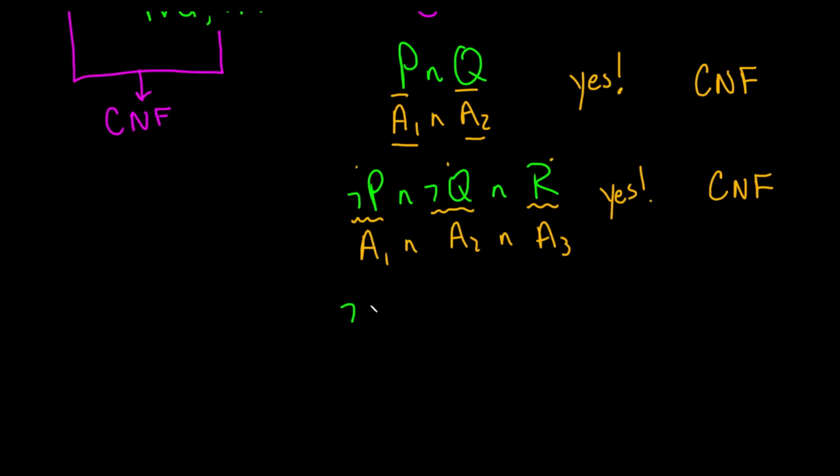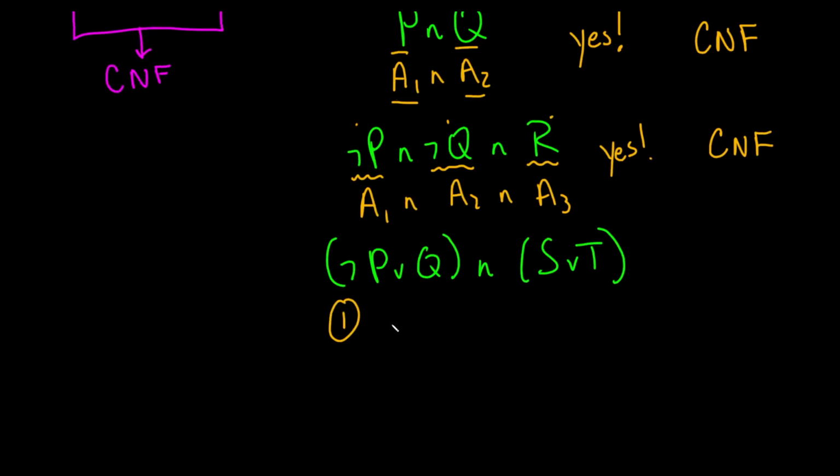So let's say we have the formula not P or Q, so we have this disjunction here, and then we have and S or T. Now, one way of going about this is to ask ourselves two different questions. The first question would be, if we treat this whole thing as a single formula, is this formula an elementary disjunction?